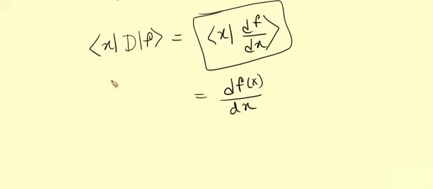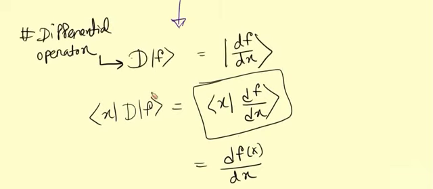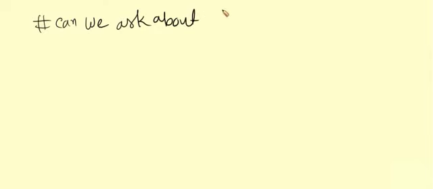After you are done convincing yourself that in this infinite dimension our operators are now differential operators, can we ask about anything similar to a matrix element of this D operator?